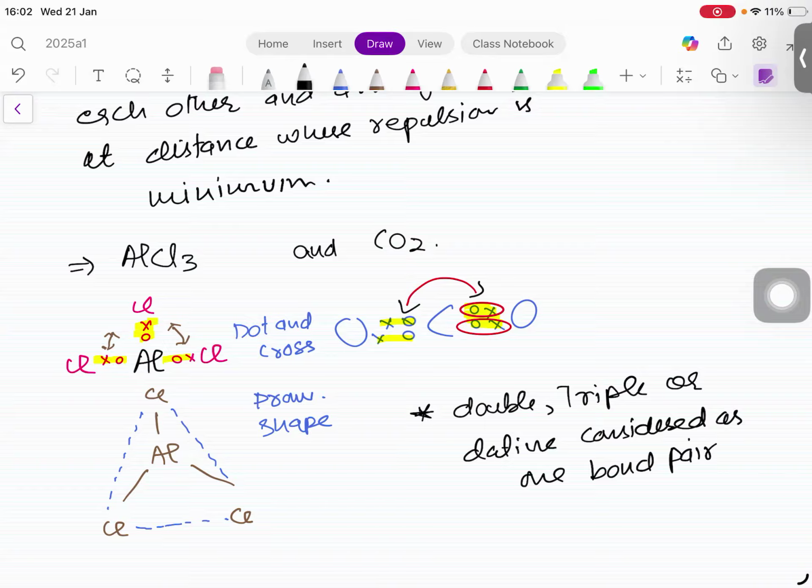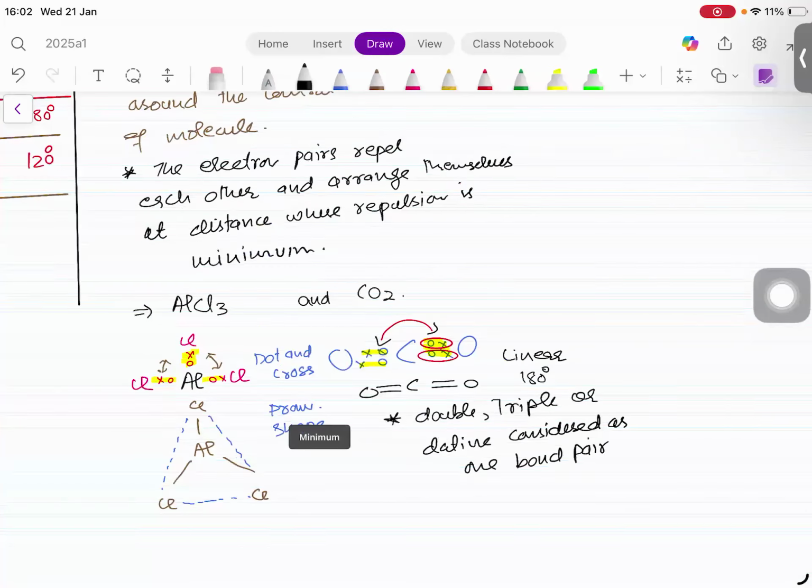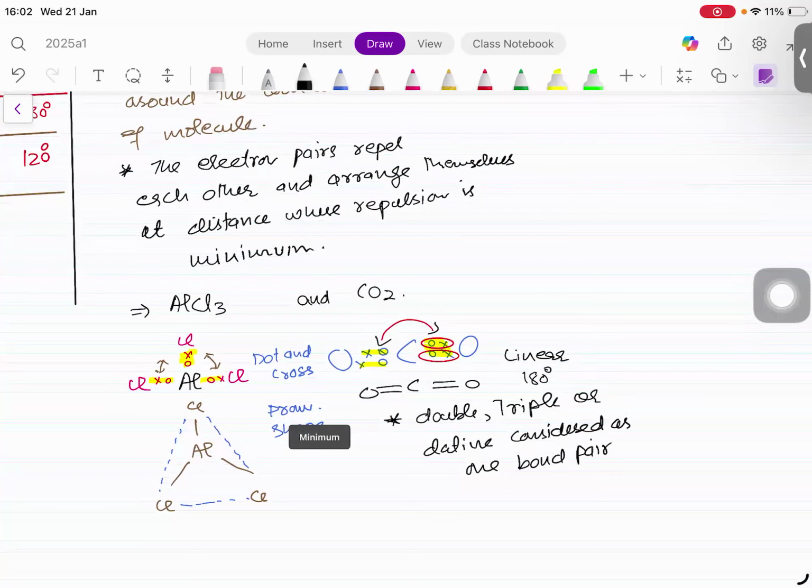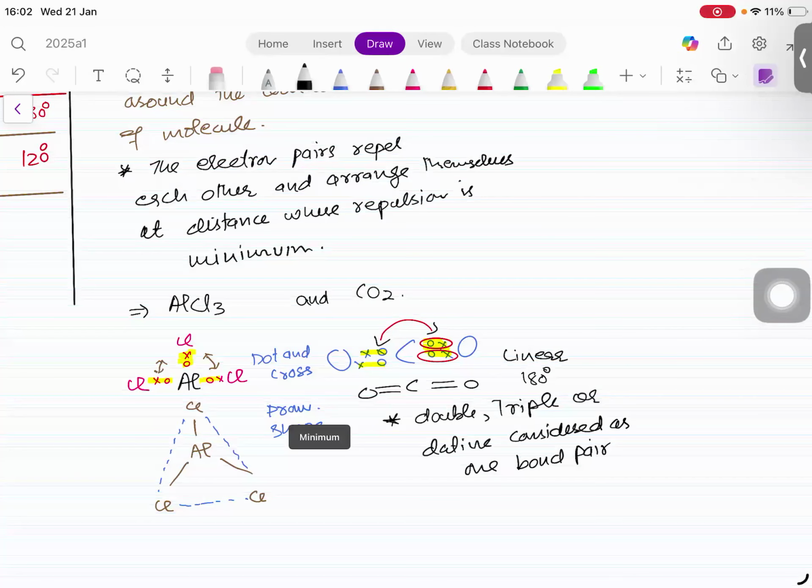When there are two bond pairs, we know that they repel each other and arrange themselves at a distance of 180 degrees. So this is and this is. So linear, with the bond angle of what? 180 degrees. So please keep in mind, whenever there's a double, triple, or dative bond, we have to take it as a bond pair.